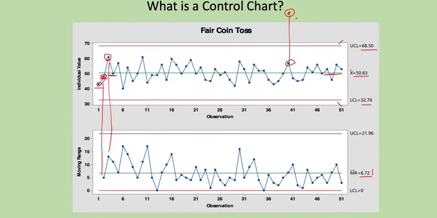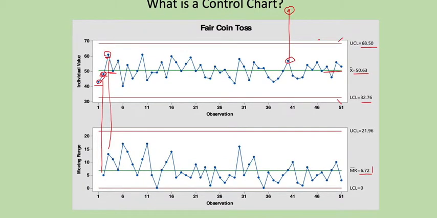Basically, this point would be well outside what would normally be expected for this process if it was in a state of what's called statistical control. So let's say you did get 100 heads out of 100 trials. Yes, this could happen by chance alone, but the odds are so minuscule that it's more worthwhile to look at if there's actually an assignable cause.